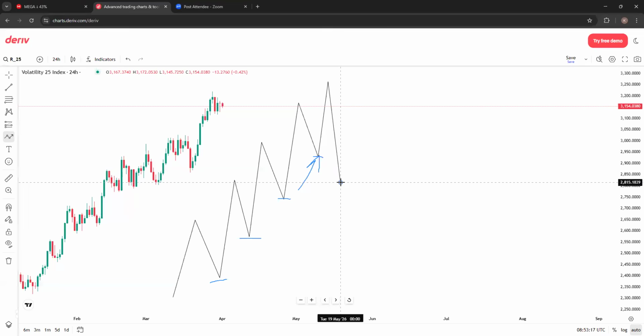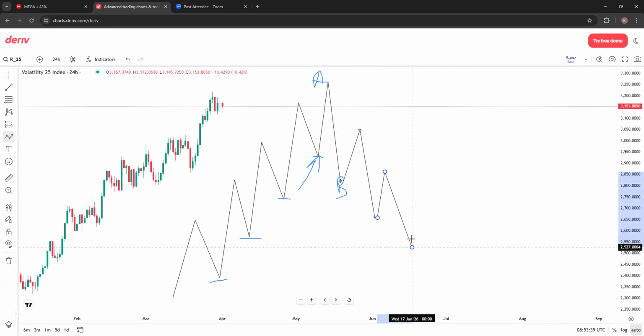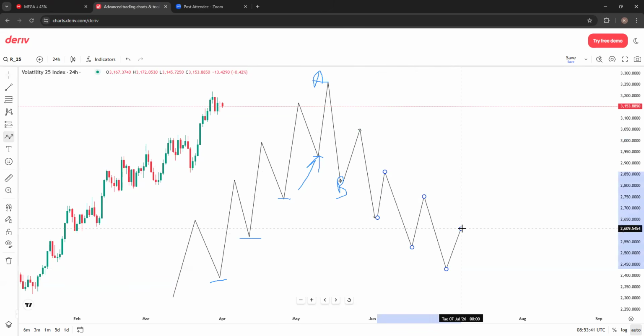If we go again, we have an A, B, and then once we get a C and a D move, we know that we are fully in a downtrend. So what you see is lower lows, lower highs, lower lows, lower highs, lower lows, lower highs.